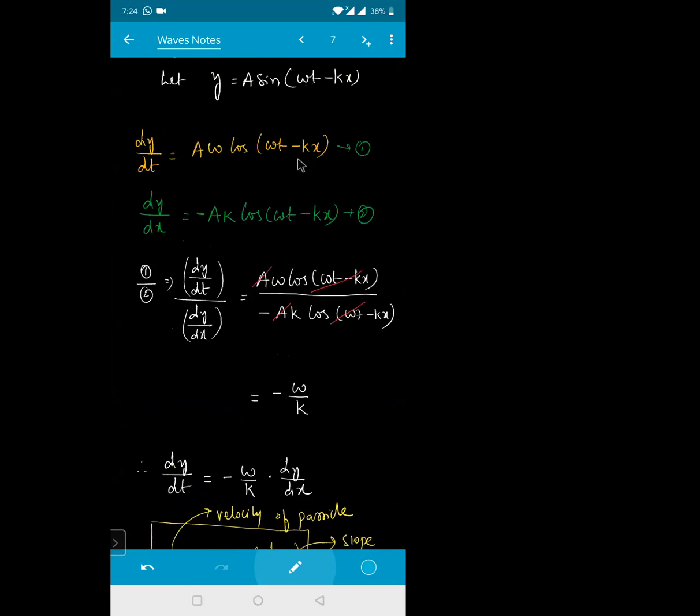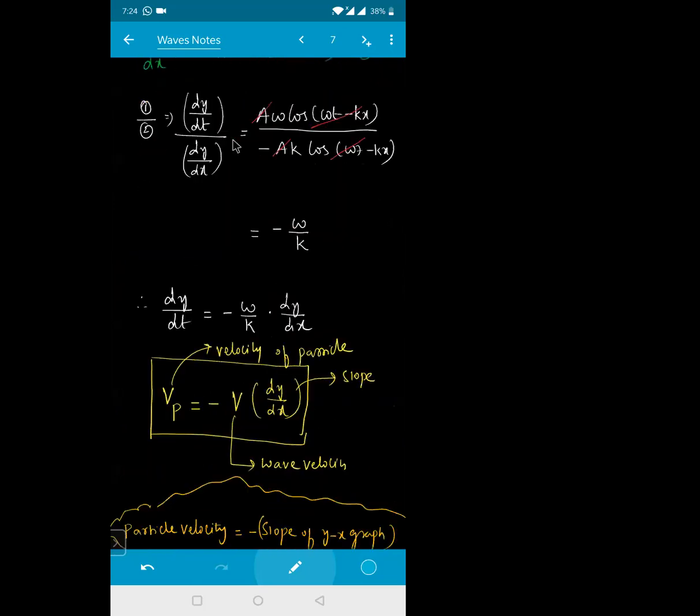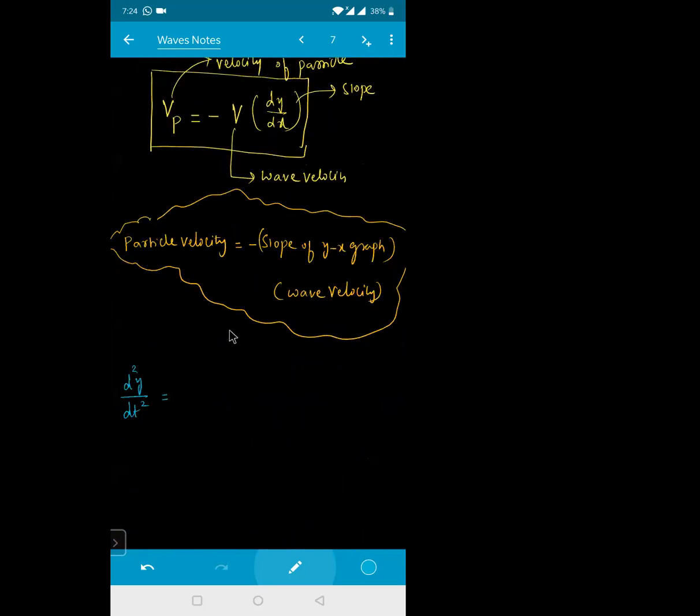Differentiation of cos becomes minus sine, and differentiating with respect to time, omega comes out again, so this becomes minus a into omega square into sine(omega t minus k into x). Is this step clear for everyone?